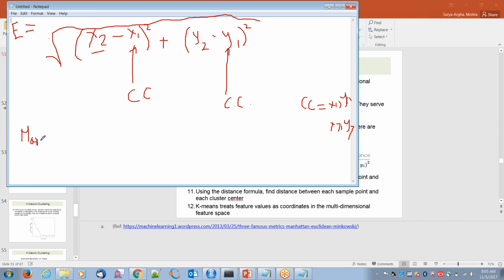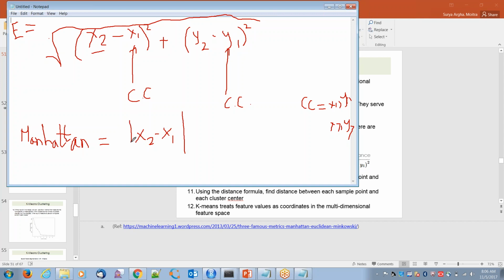Manhattan distance says that we do not square it; instead we just take the mod.